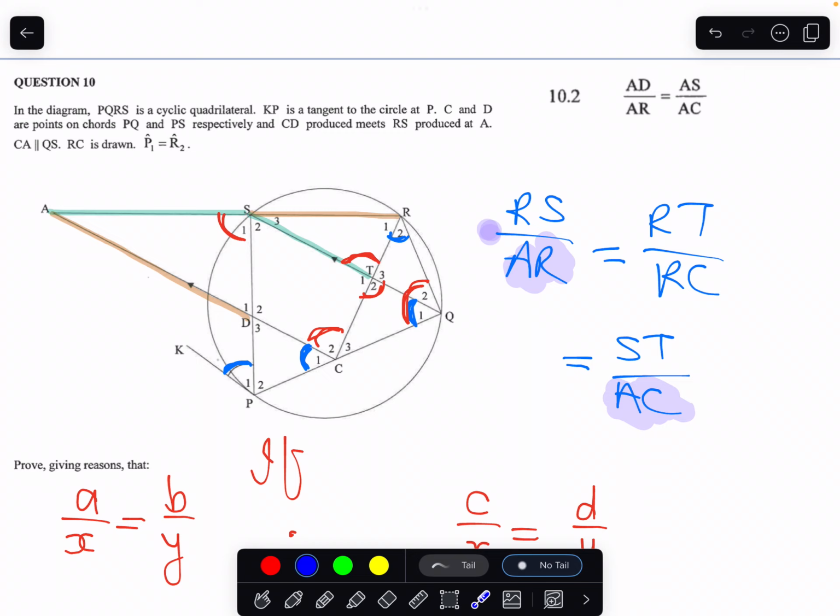This angle comes from this chord. Got excited. Doesn't come from the chord though. There's no other action from this chord, unfortunately. This is equal to that. This is equal to this.